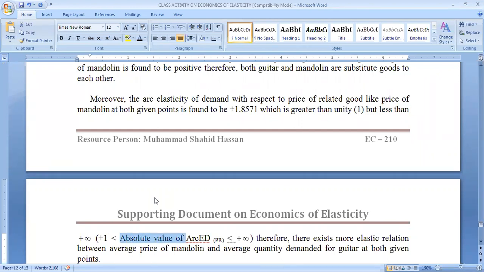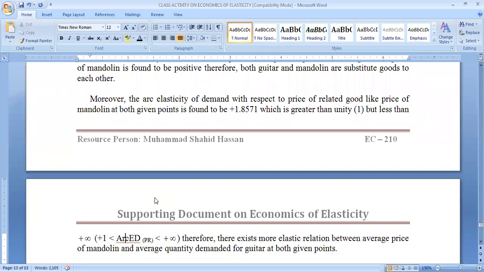Therefore, there exists a more elastic or elastic relation between average price of Madeline and average quantity demanded for guitar at both given points. Up till here, I've answered question number 8.